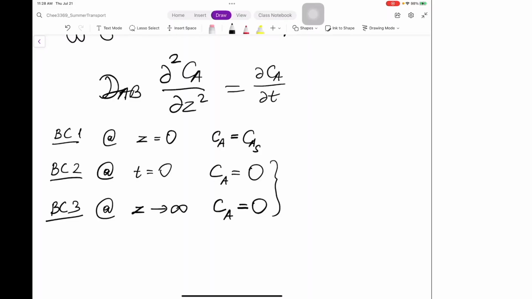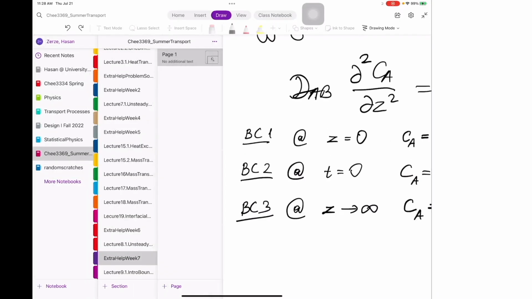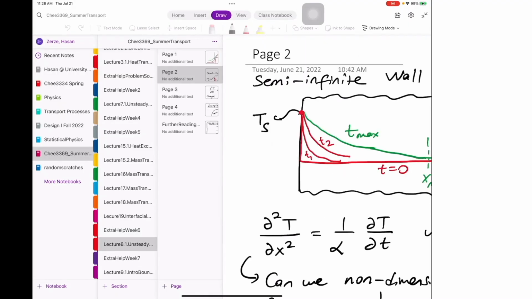And the first one at z is equal to 0, the temperature was equal to the temperature of the surface. Surface temperature was kept constant. It's basically the same example, right? So the same treatments, let me go back, 8.1, the same treatments here will be valid.